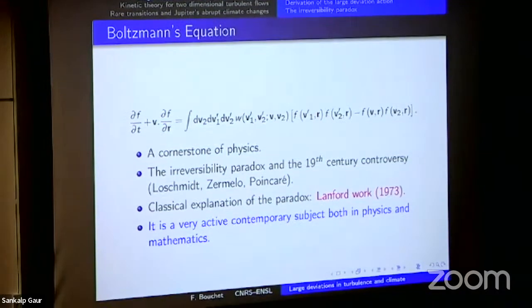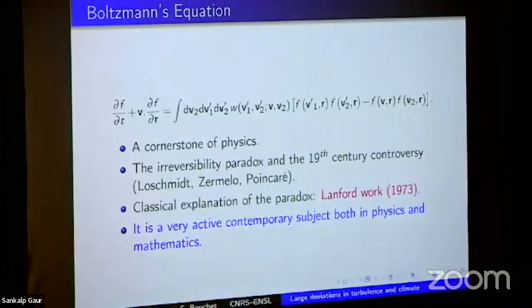You know that it is a cornerstone of physics because it was related to all the discussion about the atomic nature of matter in the 19th century and the relation between microscopic dynamics and mesoscopic or macroscopic dynamics.